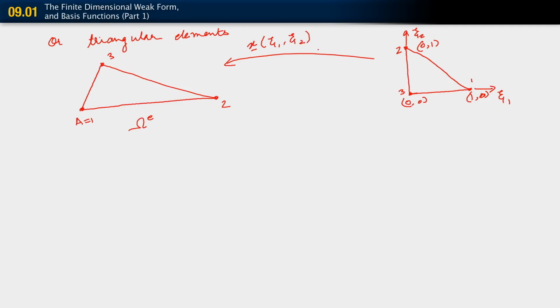All right. So in this setting, we will get our basis functions. There are two ways in which we would write our basis functions depending upon whether we were working with the bilinear quad or the linear triangle. In the case of the bilinear quad, we would get bilinear basis functions, bilinear polynomials.